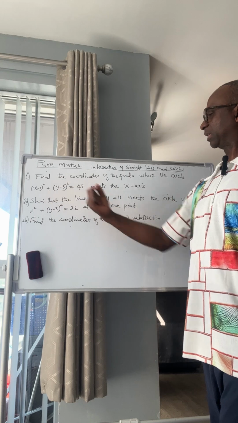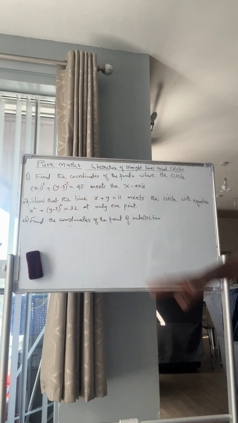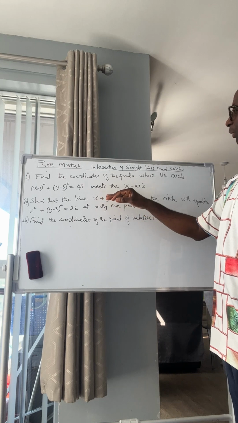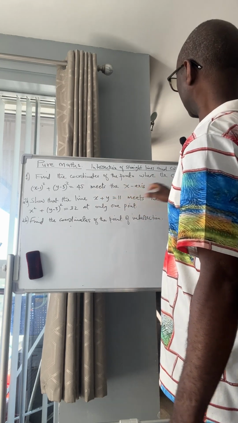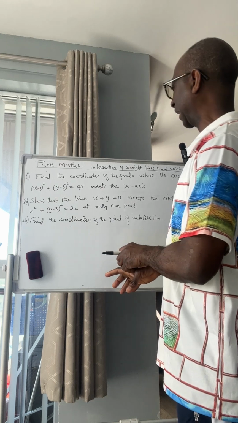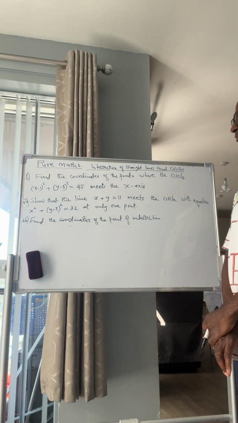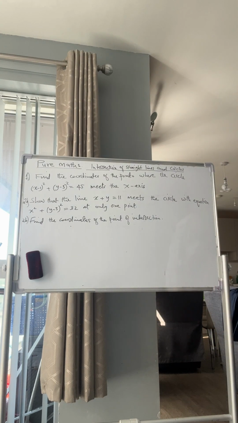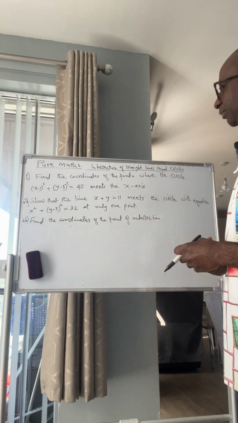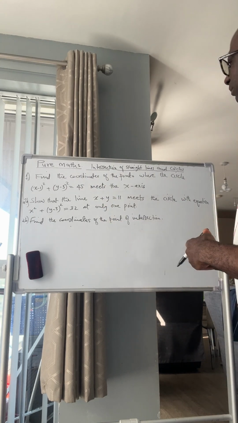Now we have this equation of a circle and they want you to find the coordinates of the points where this circle meets the x-axis. There is no point for us to sketch it; we don't require that.